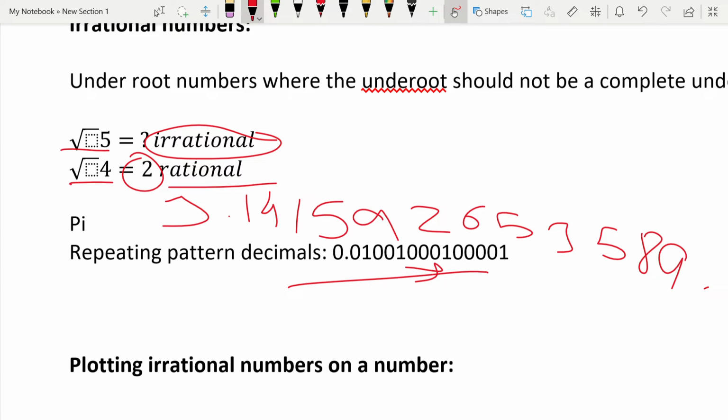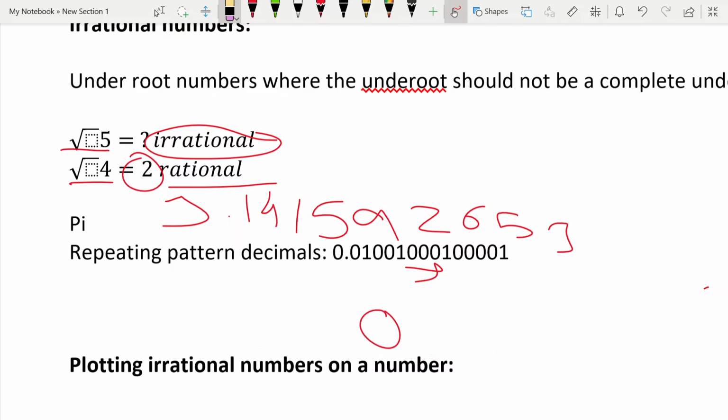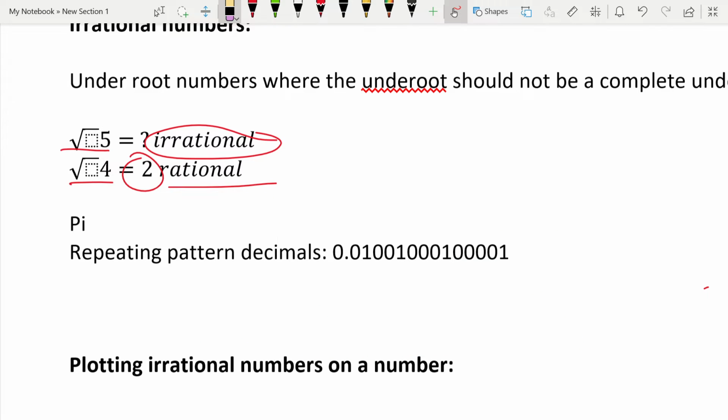It's not really a pattern like 0.3033030. No, it's not like that, right? So that's why it is irrational. We'll understand why it's irrational in some time as we come to it later.